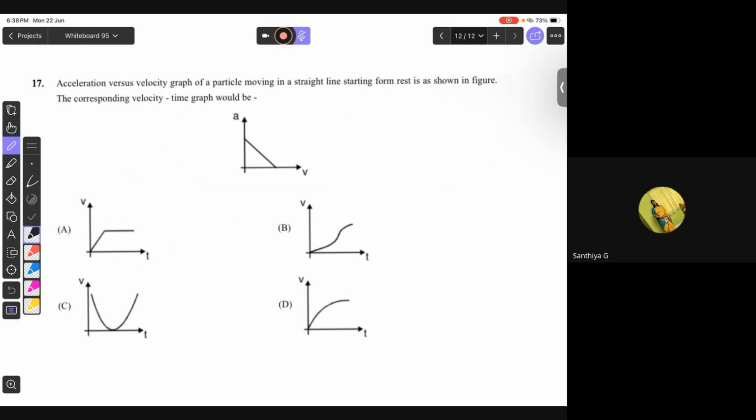So A versus V is a straight line. We can find the equation of the straight line in terms of A and V. And what kind of equation do you get? Is it not the same as before? Sir, is it option D? Yeah, option D, correct. Suppose that question was not done, then option D would be a headache or not?